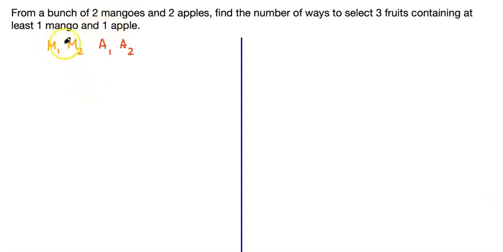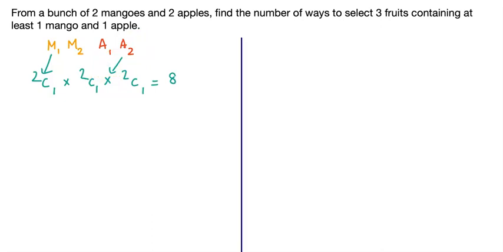I want to select 1 mango from 2, and then I want to select 1 apple from 2. Now let's say I selected this and this, and now I have 2 remaining, and I have to select 3 fruits totally. I've selected 2 already, so from the remaining 2 I want to select 1 more. You get 8. Now is this correct?